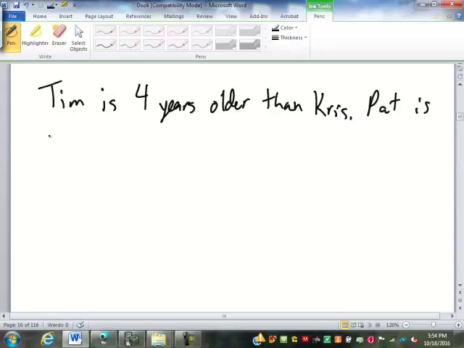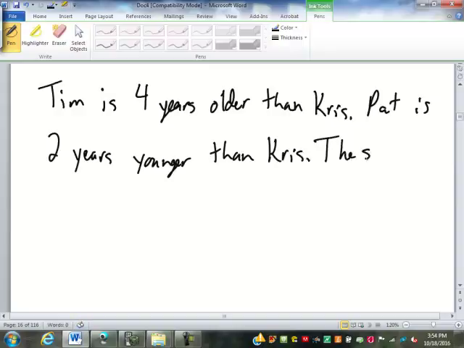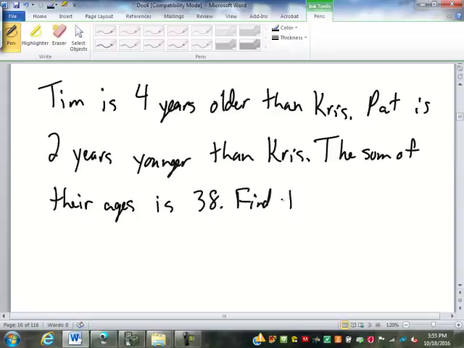Pat is 2 years younger than Chris. The sum of their ages is 38. Find their ages.